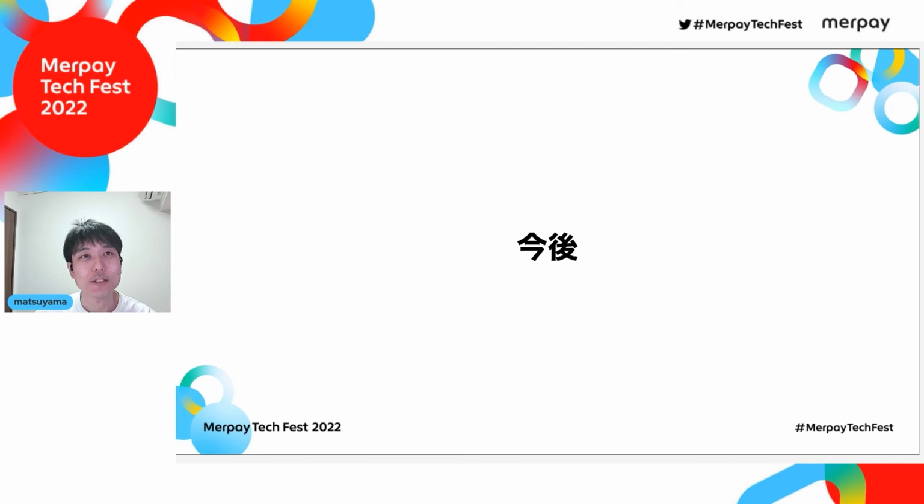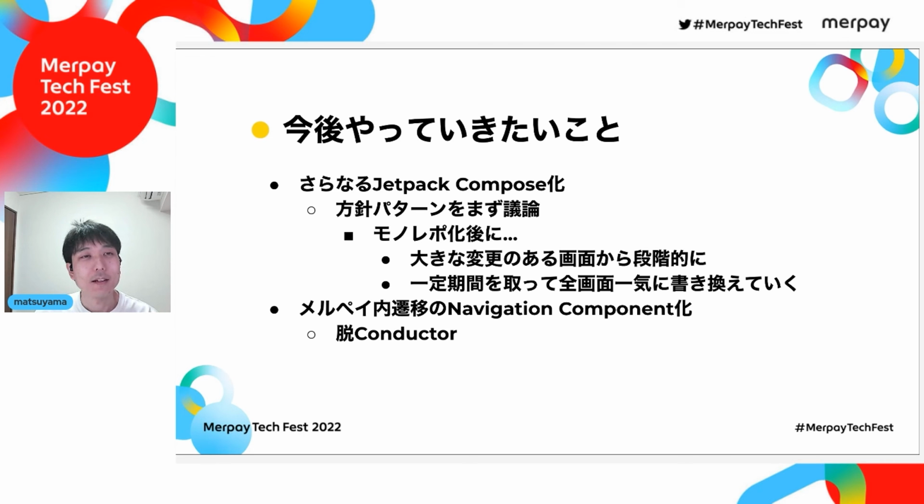Finally, I'd like to talk about the future. Well, it's a matter of course, but I would like to change to Jetpack Compose for other things than Merpay tab. It will be after unifying repositories, but the direction is to start from the screen with major changes or to relight it at some point in a certain period of time, just like the Merpay part.